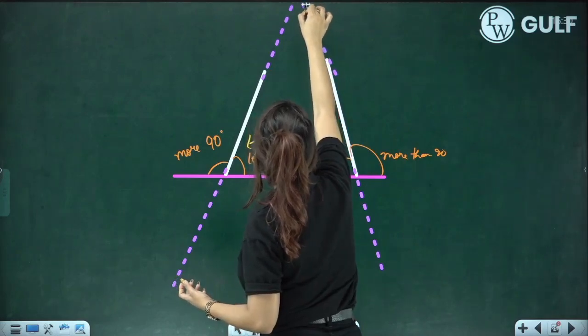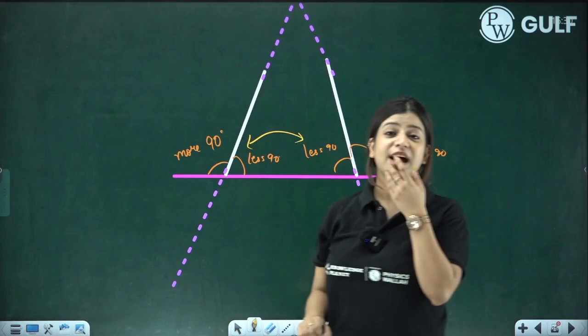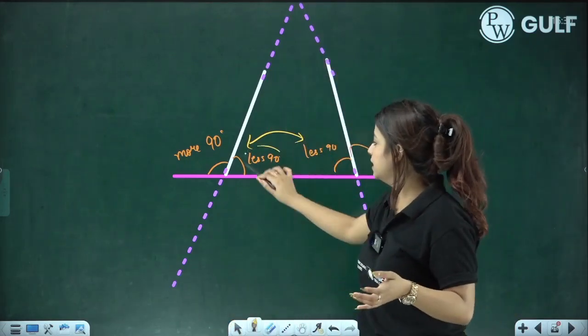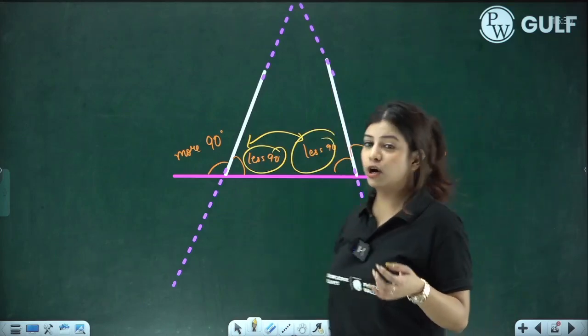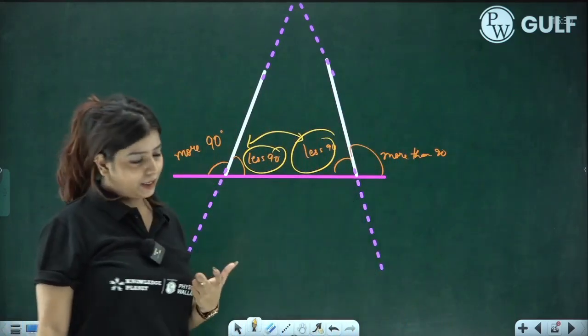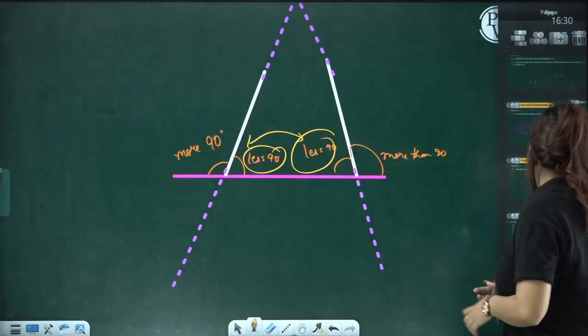So it is very much visible, students, that where will these lines meet? Of course, it will meet where the sum of the angles is always less than 90 degree. So this is a Playfair's axiom, or we can say postulate 5.